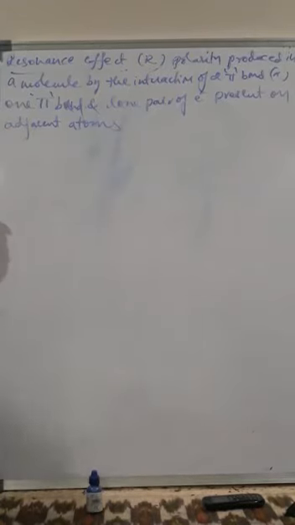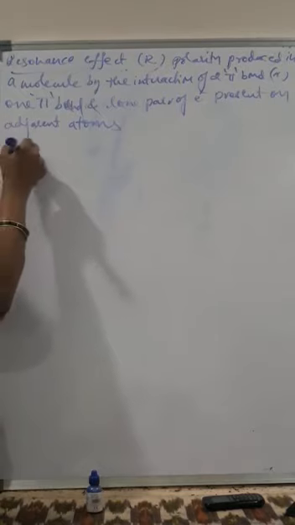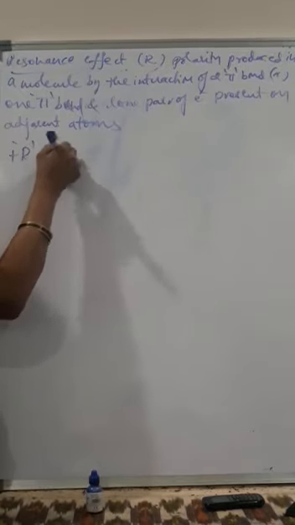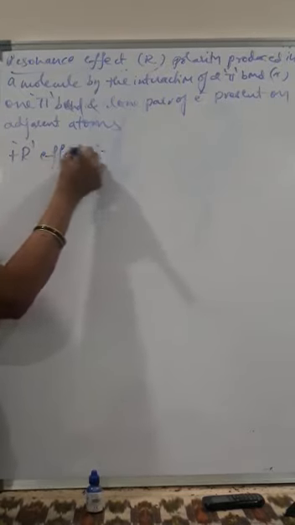Like the mesomeric effect, the resonance effect is also of two types: positive resonance effect, plus R effect, and minus R effect.